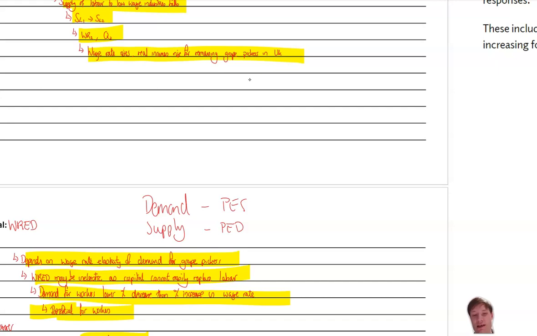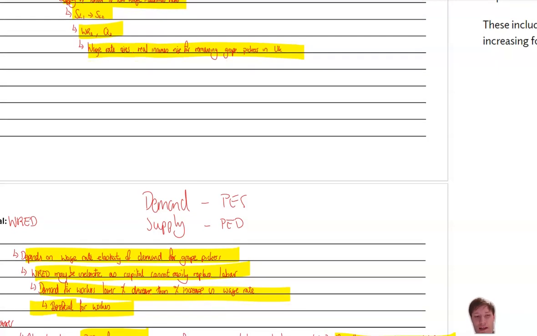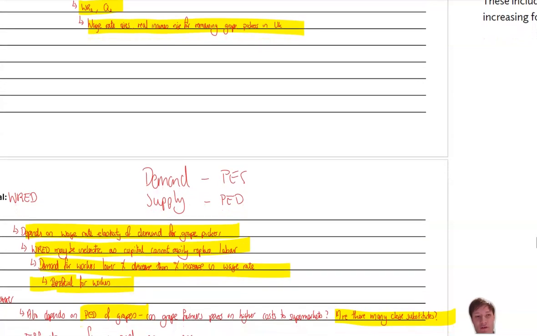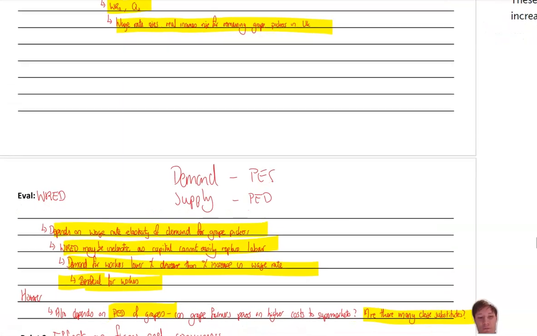In which case, the UK grape farmers may not have the ability to raise prices and pass on that increase in cost to the consumer. I'm going to refer to that in our next argument as well. But it does affect the wage rate elasticity of demand. If you want to learn more about that, go back to your notes about that area of the course.